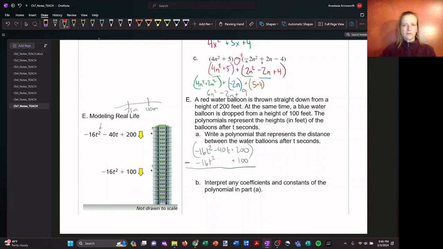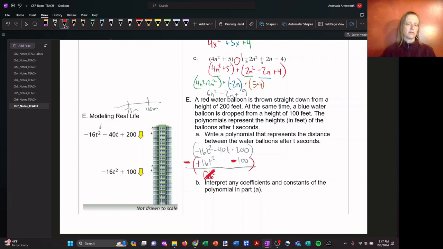Therefore, let me actually do this in a different color. Therefore, I'm going to flip the sign on every term that's inside the parentheses. So that negative becomes a positive, and this positive becomes a negative. So let's combine the like terms. Negative 16t squared plus 16t squared is just 0t squared, but that's just 0.